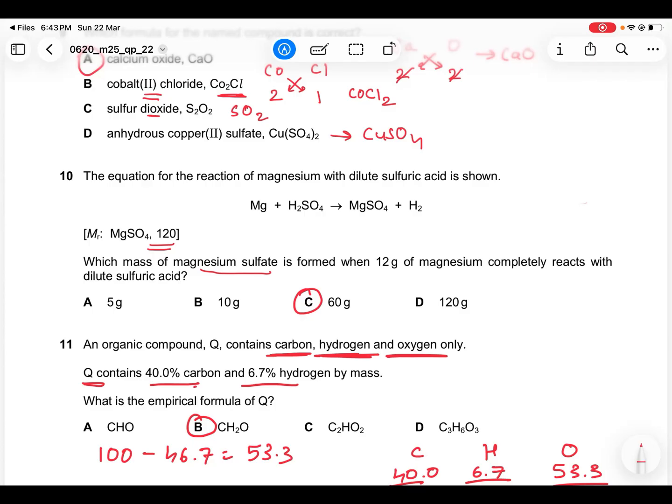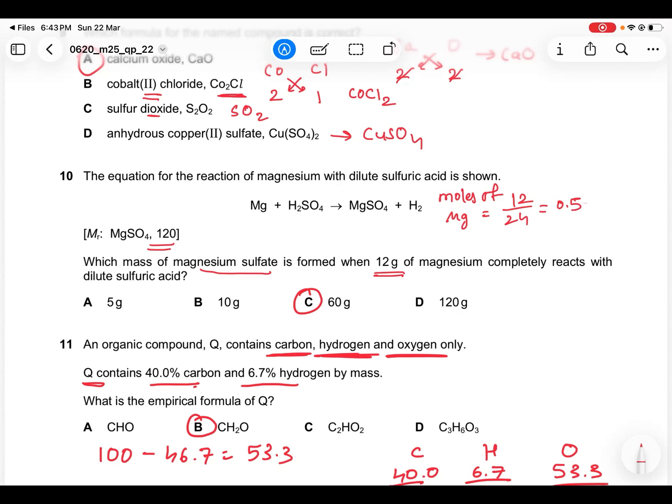They have already given us the mass of magnesium, so we are going to first find moles of magnesium. Moles of Mg will be equal to 12 by 24, which is equal to 0.5.